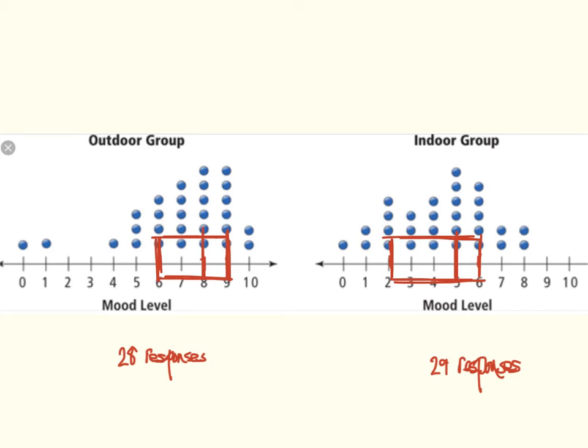So this is what's really important. If I overlapped one on top of the other, it would be very obvious that the indoor group had much lower rating as far as their mood. And then, of course, we need to know what is the range from 8 down to 0, and this is from 10.